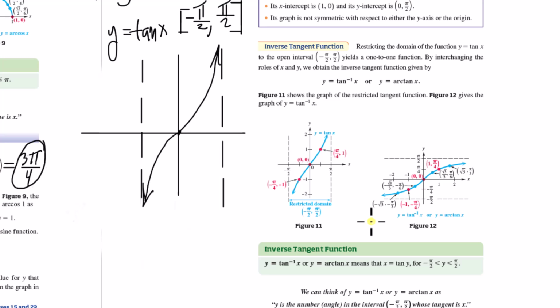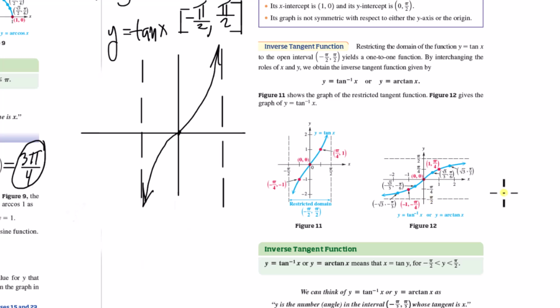So what you're inputting into the inverse tangent can be any number, okay? And when it comes to the outputs we can get from inverse tangent, it's going to be any angle between minus pi over 2 and pi over 2, but not including the endpoints. Not including minus pi over 2 and pi over 2, because those are the vertical asymptotes on tangent.